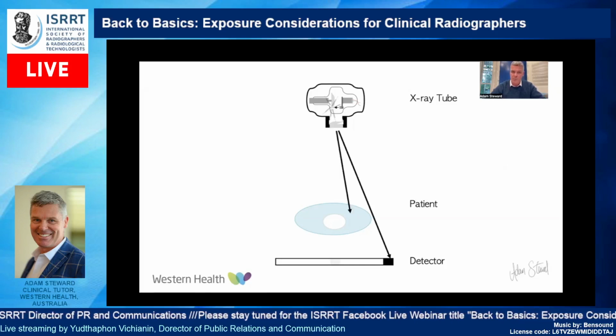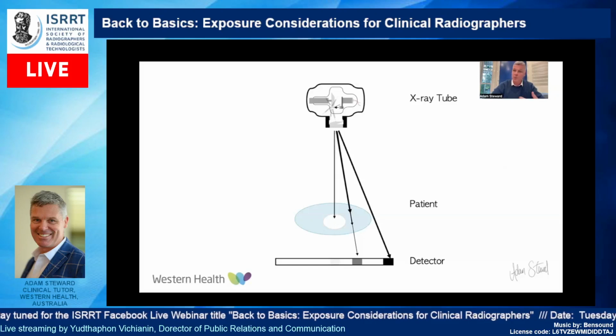The photon might pass through the patient, and it's partially attenuated on its way through. When it's incident on the detector, part of the intensity is lost, but it's going to demonstrate as a certain shade of grey commensurate to the energy of the photon. It could be fully absorbed in the patient, in which case it's going to show up as white.